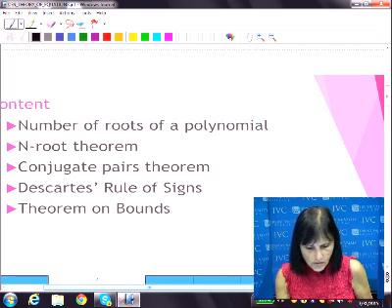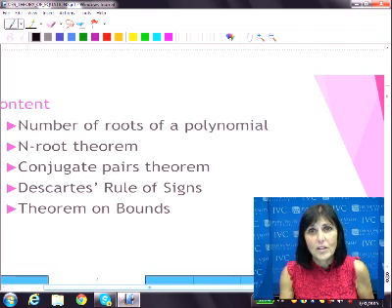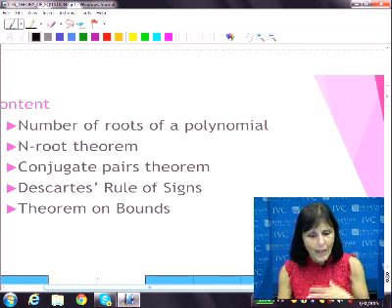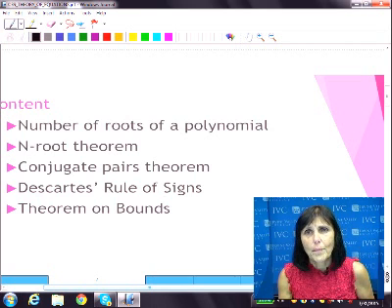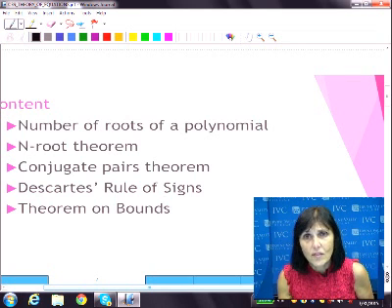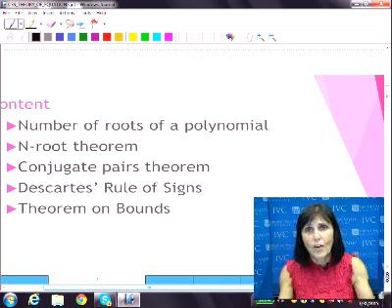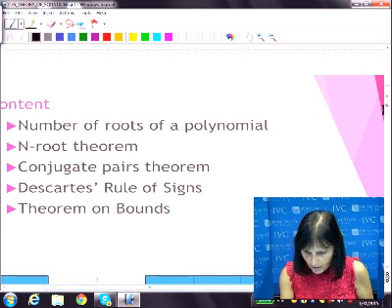And then Descartes' rule of signs really narrows it down. And the theorem on bounds you can use to rule out a couple of things in your possible lists of roots, and you can narrow it down using that theorem on bounds. So let's get started.